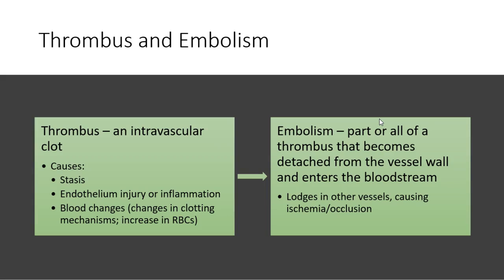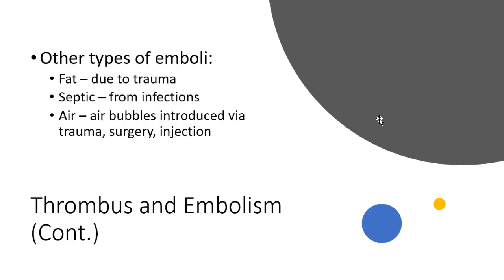It can be from sitting around or flying. Causes include endothelium injury or inflammation, and blood changes, so changes in clot mechanisms and an increase in red blood cells. An embolism is part or all of a thrombus that becomes detached from the vessel wall and enters the bloodstream, and it lodges in other vessels, causing ischemia or occlusion of that vessel.